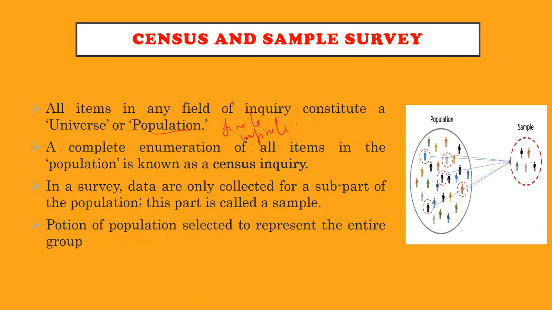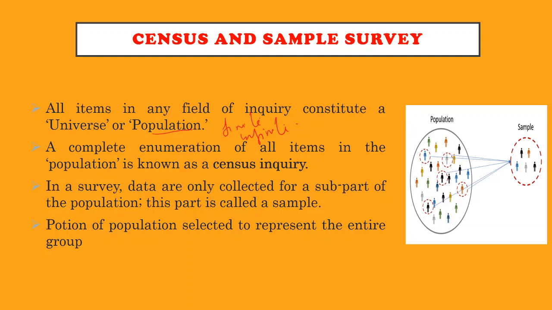For example, the total strength of students in a college: we know exactly the number of students studying in a college. So that kind of population is called a finite population. But for example, the total number of stars in the sky, can we enumerate the exact number?